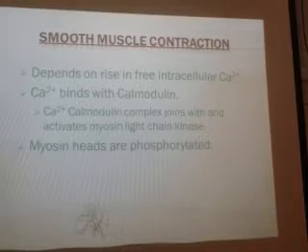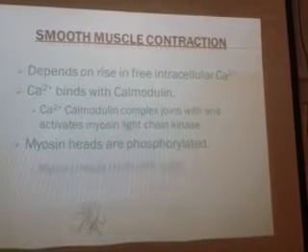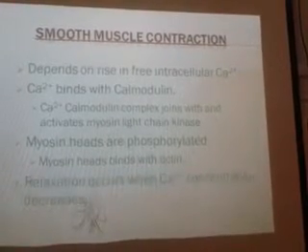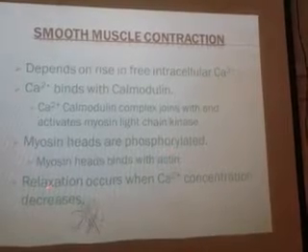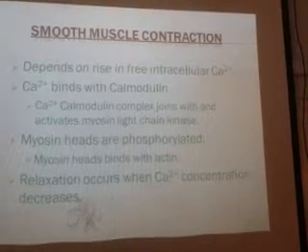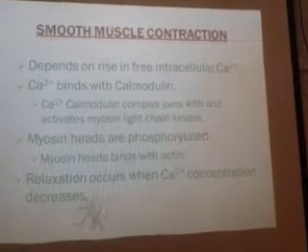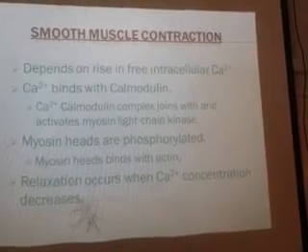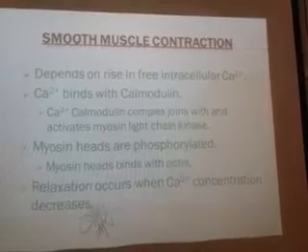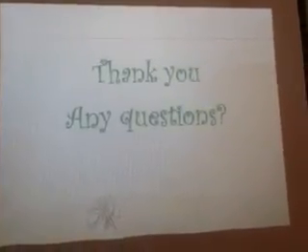Myosin heads are phosphorylated, myosin heads bind with actin, and this is contraction. Relaxation occurs when the calcium concentration decreases. Okay, there are some differences, but not from the examination point of view. Understood? Okay, clear? Only some differences, the rest is the same.